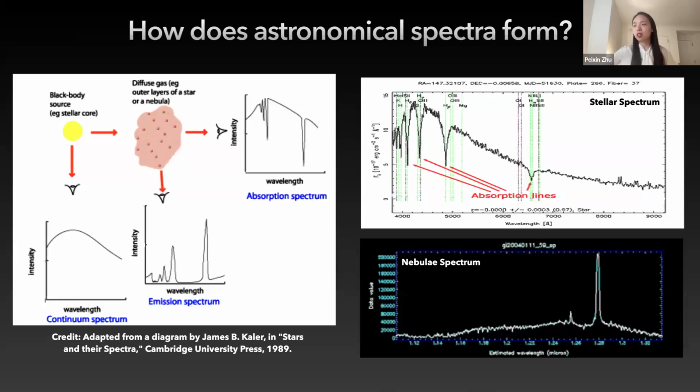These emission lines tell you the abundance or the metallicity of the diffuse gas that composes this nebula. So by studying this spectrum, people can understand what the composition of this nebula is. These are not galaxy spectra.